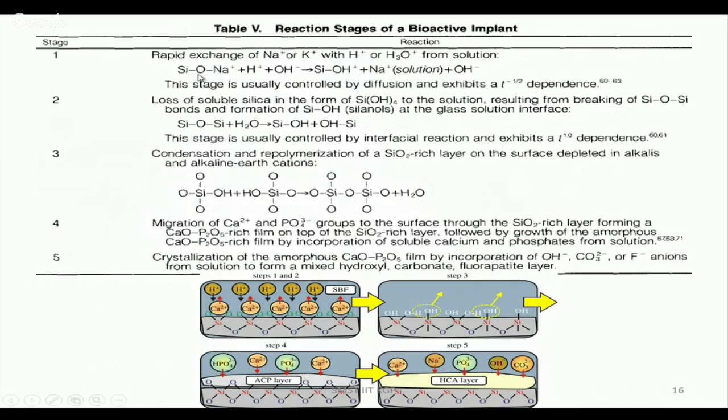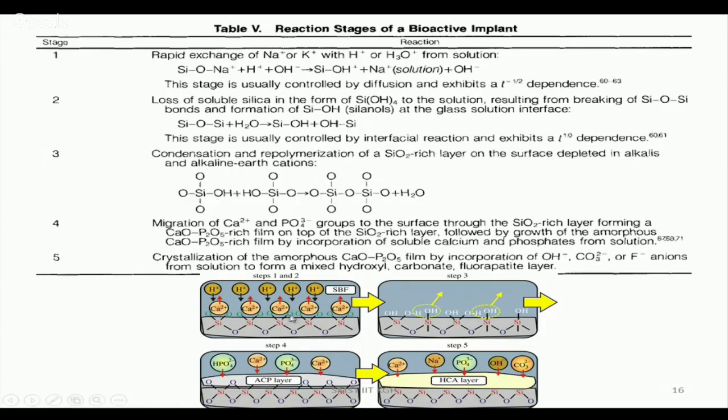So there is some ion exchange, some Si-O-Si bond breaking, which eventually gives you SiOH, and also SiOH bonds combine together forming Si-O-Si bonds. And this free SiOH group acts as a nucleation site for calcium, and once the calcium comes in, the phosphate also comes in.